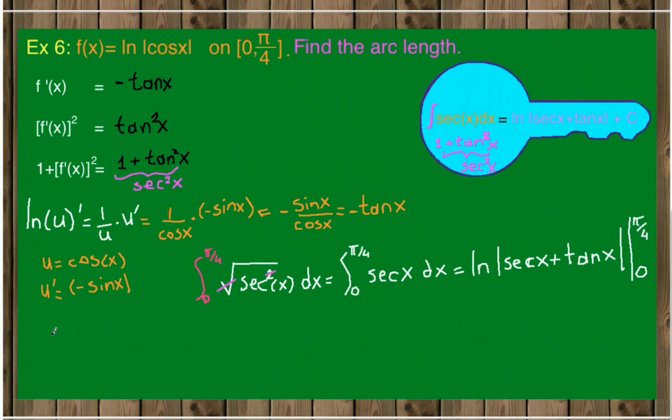So we plug in our upper boundary, which is pi over 4, into ln of secant plus tangent.